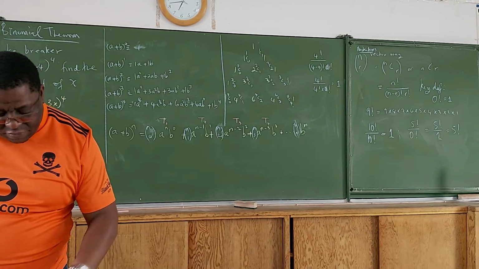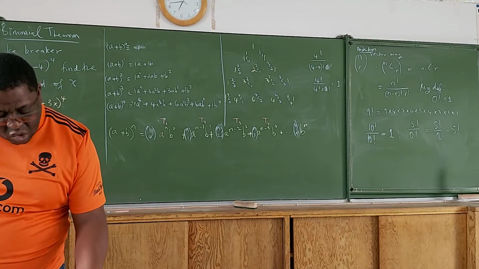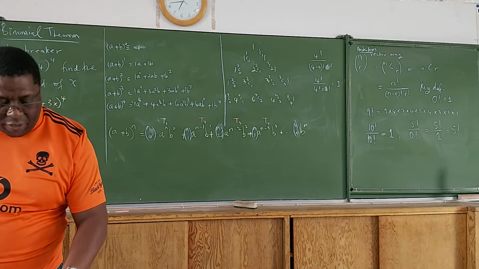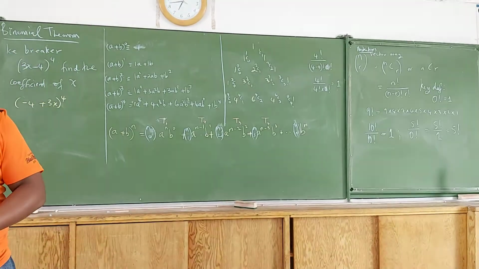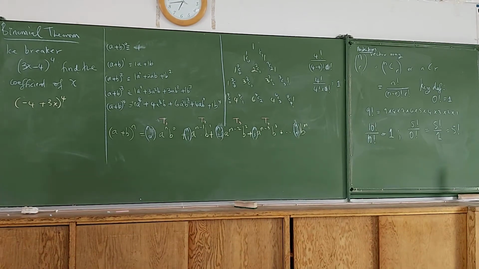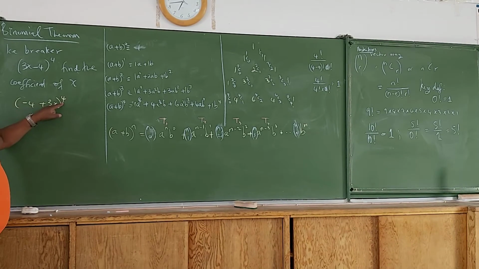Here they are saying find the first 4 terms. Okay, let's take a plus 2 raised to the power of 12. But remember, by the way, let me ask you a question. How many terms do you expect your answer to have here? It's always one more than that.